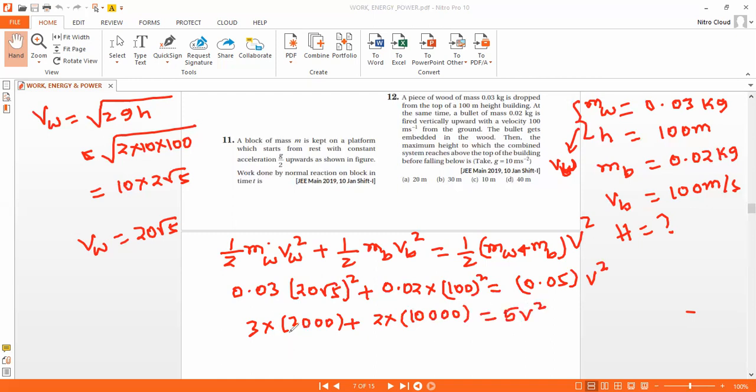So 5v square equal to 26,000. Okay. So v square equal to 5,200. So v is equal to 10 into under root 52.